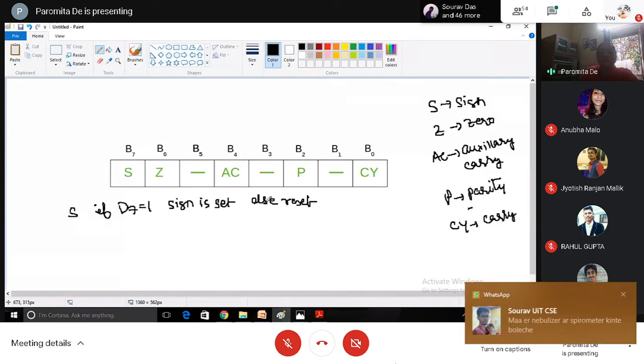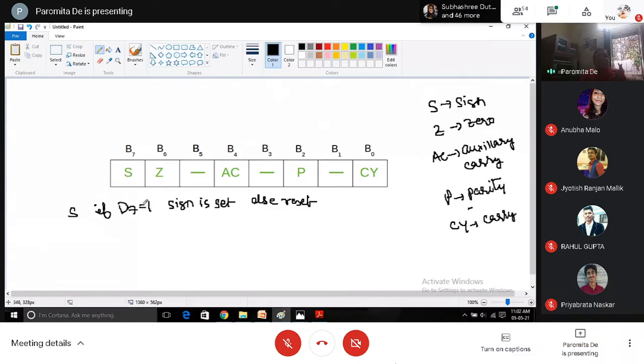So if it is 0, it will reset. In your 8-bit word, your data line is from D0 to D7. You have D0, D1, D2. If this D7 is 1 in your 8-bit data, then it is set, or else it is reset.